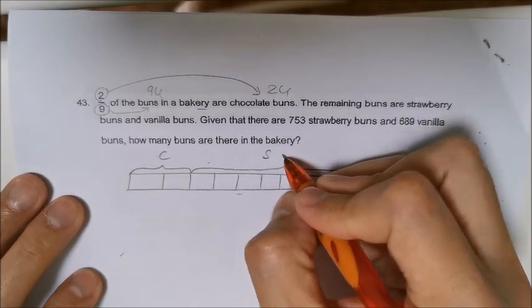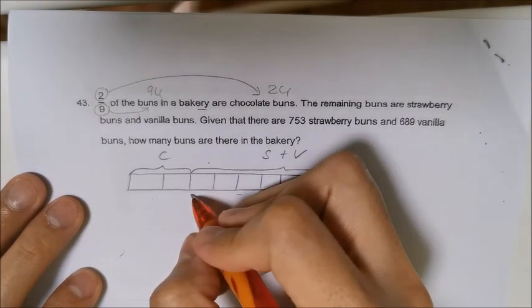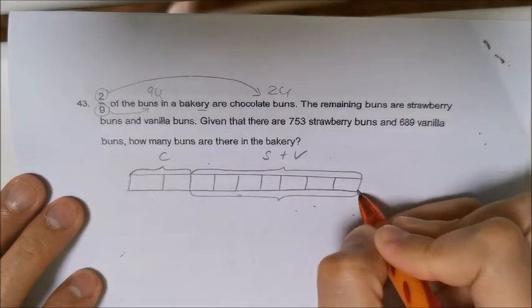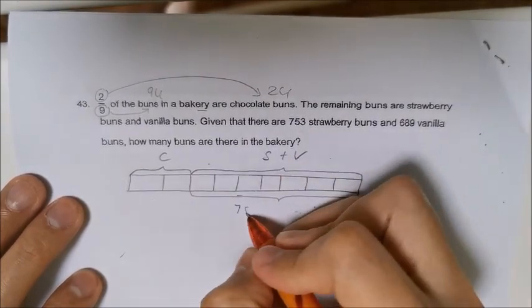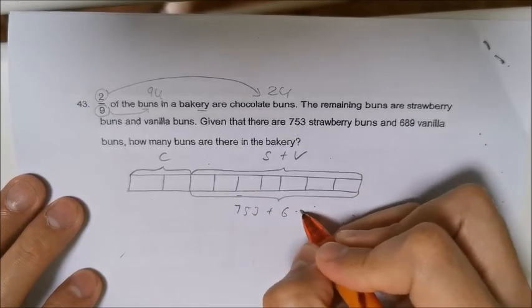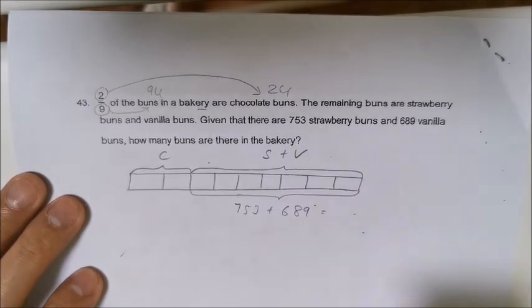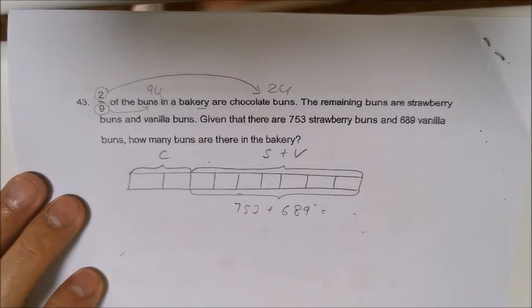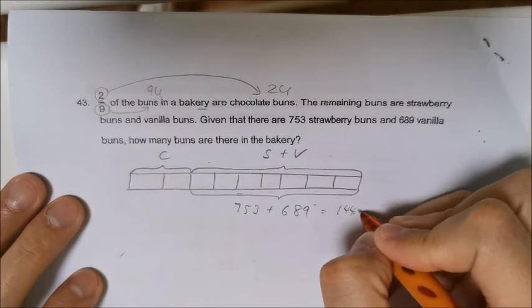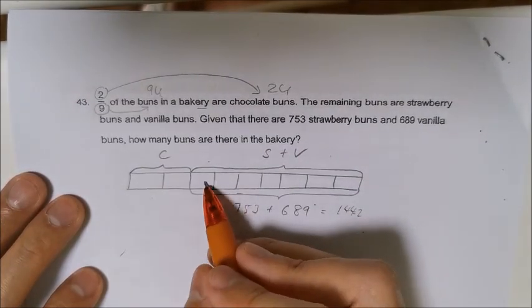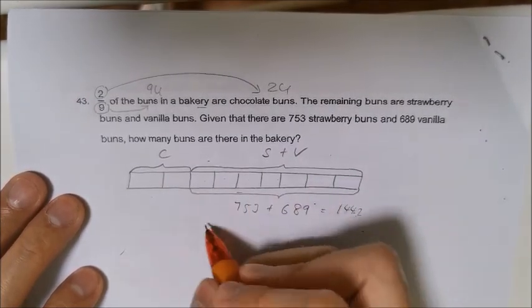They are made up of strawberry plus vanilla. And strawberry plus vanilla, I know that is 753 plus 689. Okay, if you add these two numbers up, what will you get? 1442. So I can see 1, 2, 3, 4, 5, 6, 7.